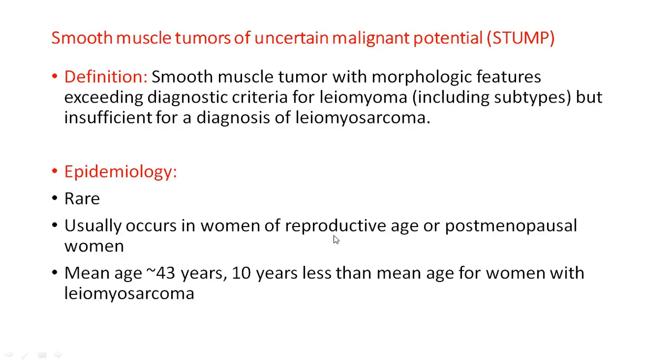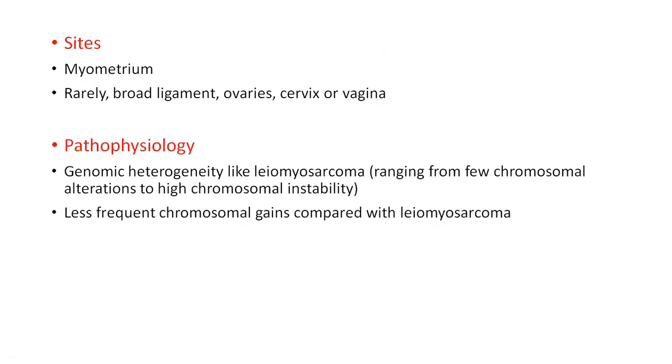It commonly occurs in the reproductive age or in post-menopausal women, and the mean age of its occurrence is around 43 years. In terms of site, it mainly arises from the myometrium, and rarely it can arise from the broad ligament, ovary, cervix or the vagina.